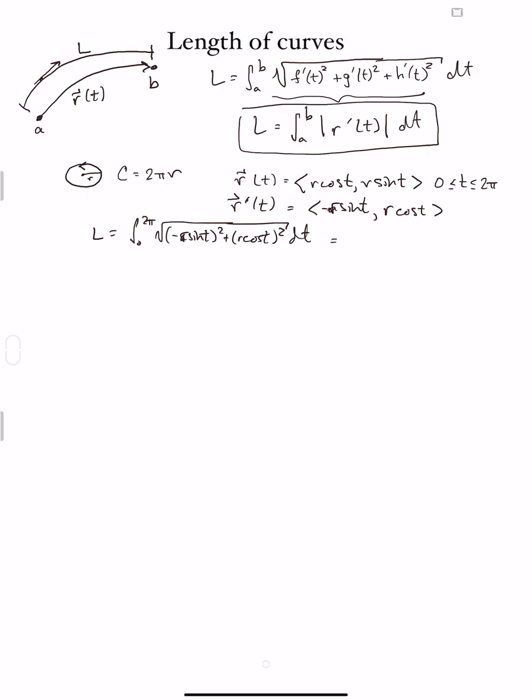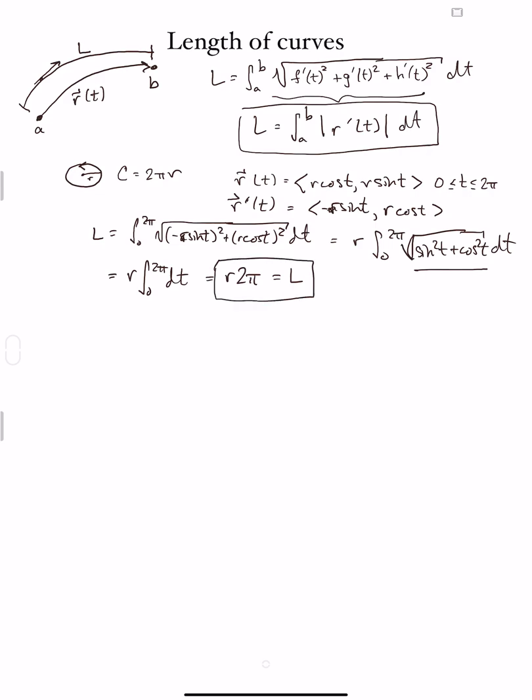So the value underneath the radical is 1, and I end up with my length being r times the integral from 0 to 2 pi of dt, which is r times 2 pi, which is the length that I was looking for and expecting for the circumference of a circle.